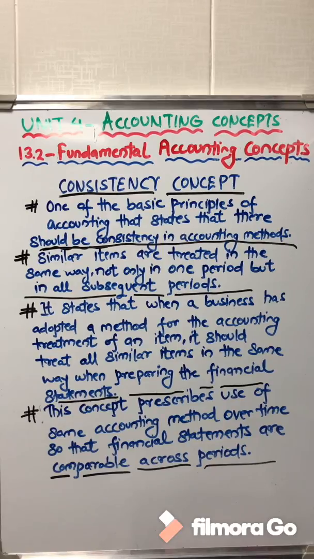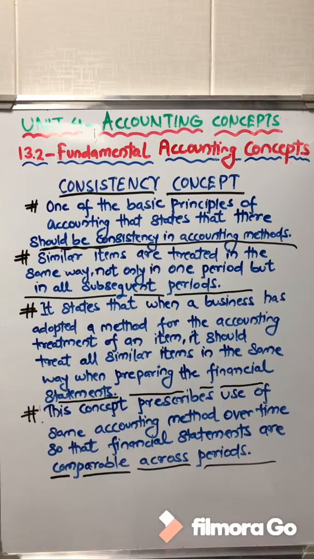We'll see what the similar words are, or how we can define the word consistency. The similar words for consistency are to be persistent, to be even, or to be uniform, basically the same, like it has to be the same. By the term itself you can understand what this accounting concept is going to tell you.